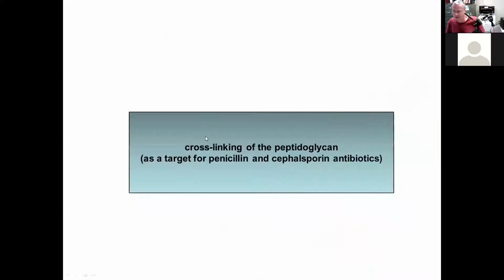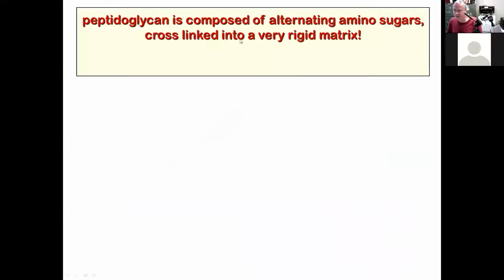All right. So this cross-linking thing and how does this work, and how do the beta-lactams basically inhibit the synthesis of the peptidoglycan? All right. Okay, so the peptidoglycan is composed of alternating amino sugars.